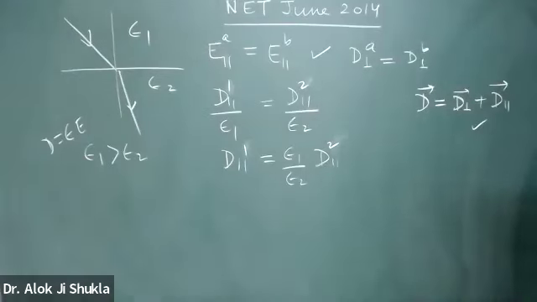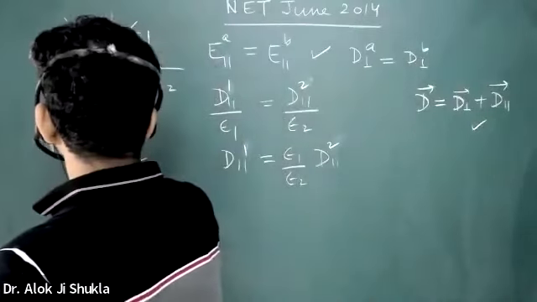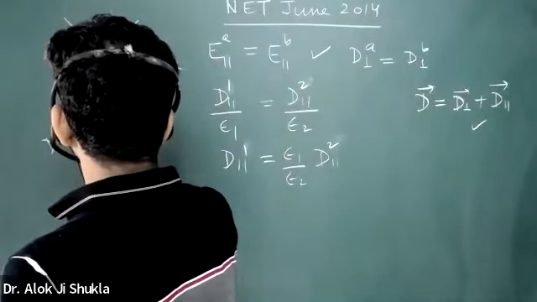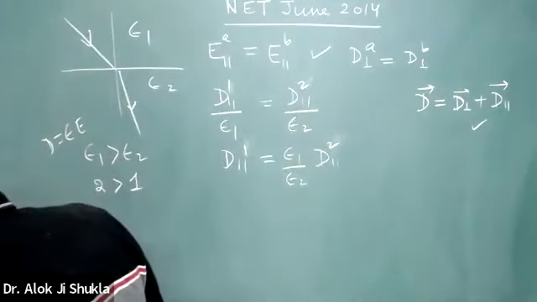So D parallel 1 is 2 times D parallel 2. Suppose this is 2 and this is 1. Understand it like this. Which one is greater, 2 or 1?